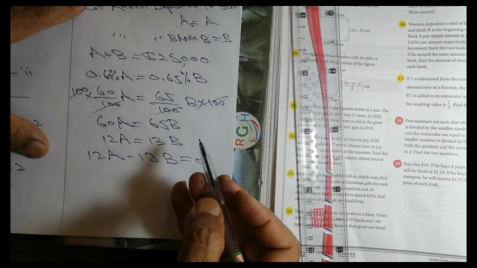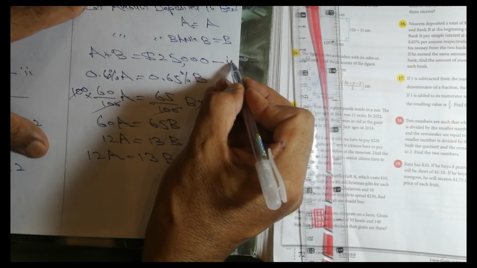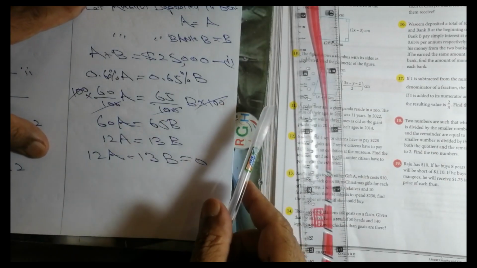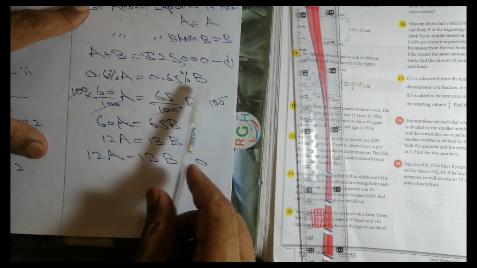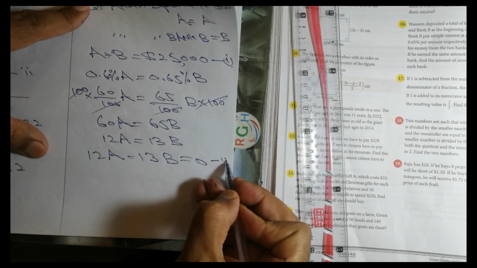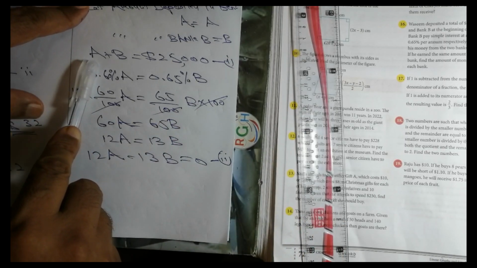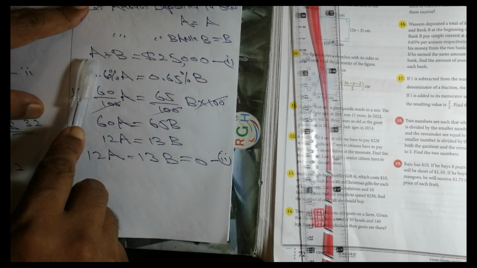So now we have equation A plus B, which was equation number 1. We have a set of simultaneous equations, equation 1 and this is equation 2. So we need to find the value of A, which is the amount deposited in bank A, and the amount deposited in bank B.